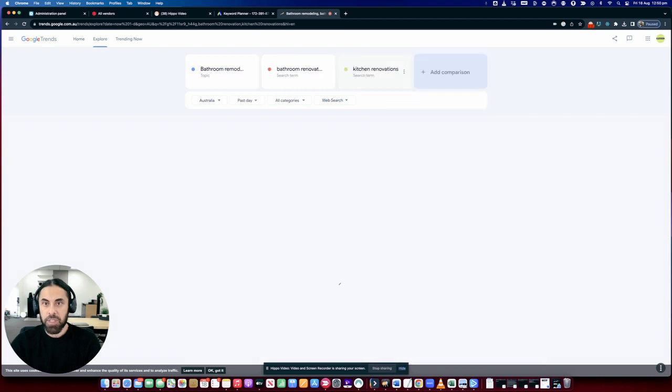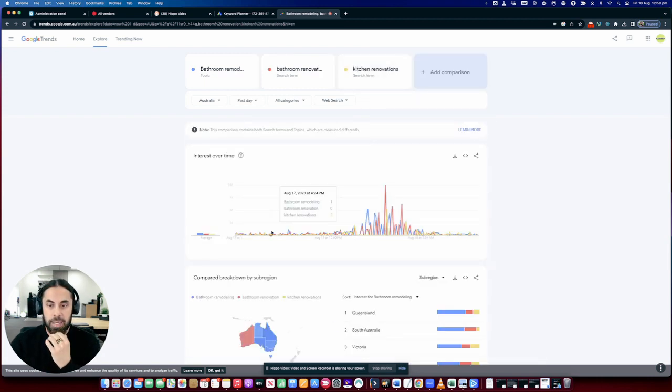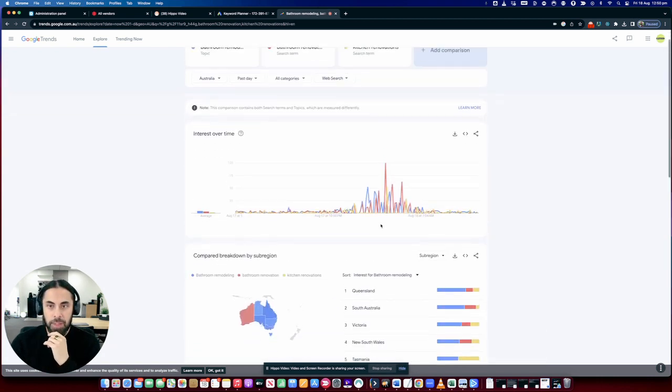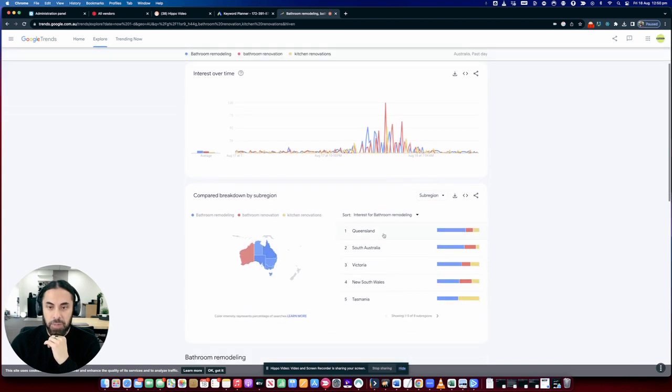Got kitchen renovations there, and I can see the level of activity for kitchen renovation. So Queensland seems to be getting the most amount of activity at the moment when you combine those three together. So if you're targeting these keywords and you render these services, this is where you'd want to be.